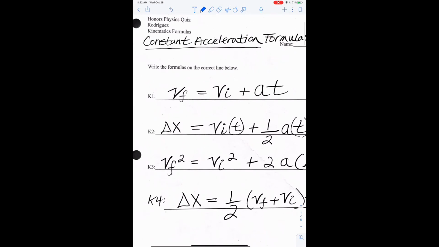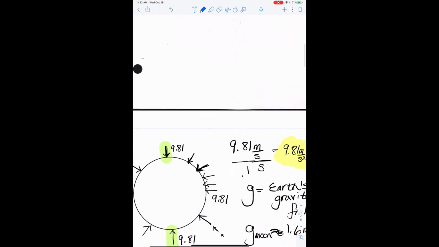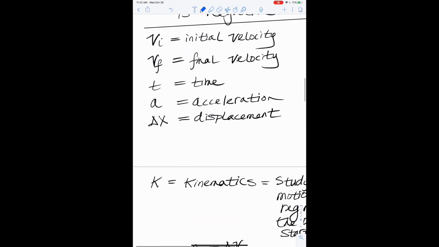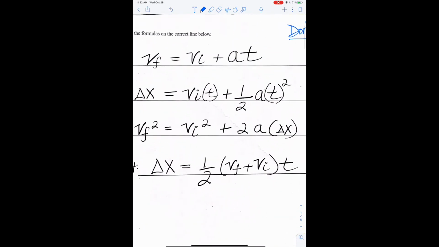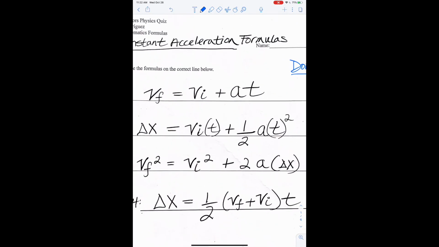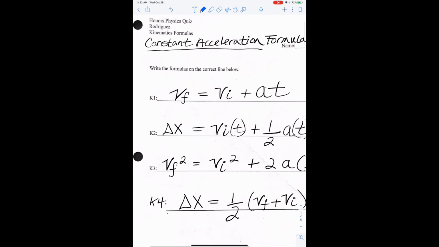And if we look at just K1, one of these variables right here, right, VI, VFT, or A, or delta X is missing. And which one is it? Which one's missing in K1? This is K1 right here, right? You would say delta X.